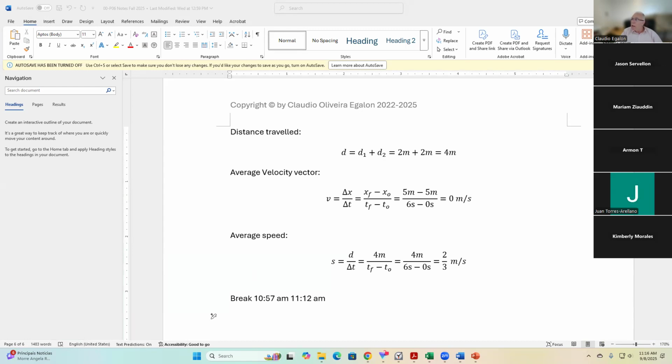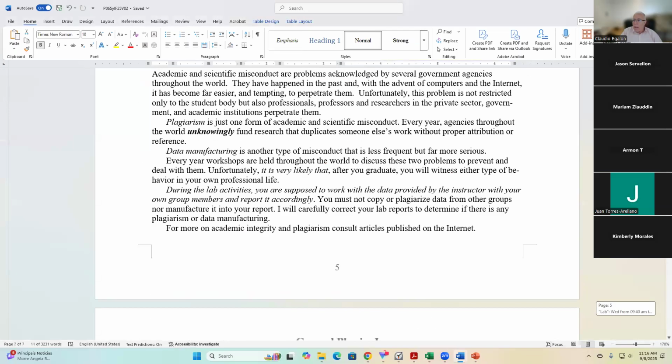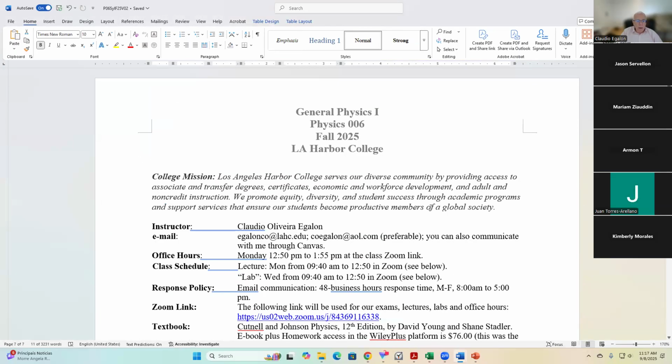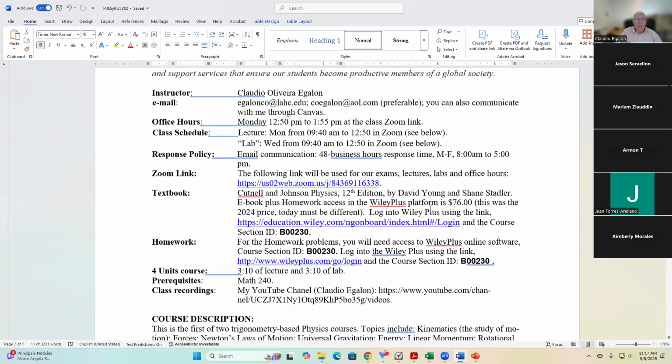The 6-digit course section ID is in the syllabus. Let me show you the syllabus again. It's also in that flyer that I posted in Canvas.